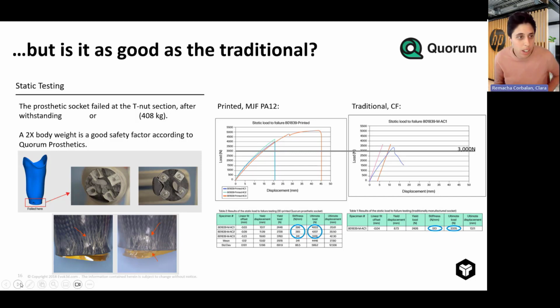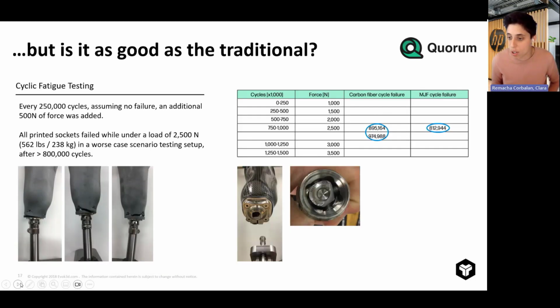Now, if we move to the next slide, we can see the results on fatigue testing. And the test that was done in here was that every 250,000 cycles, we would increase the force by 500 newtons. So we were repeating this process, and then when did the sockets fail?